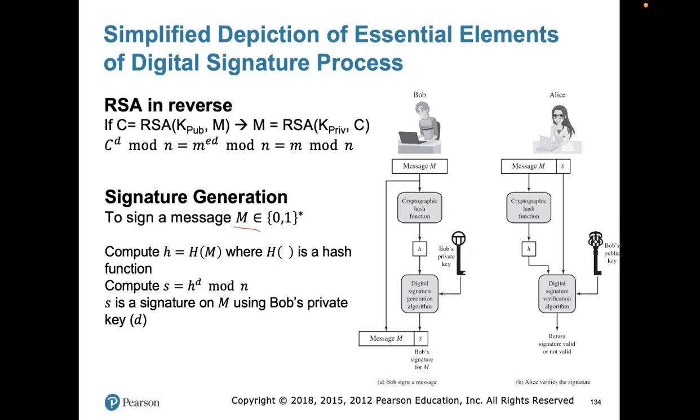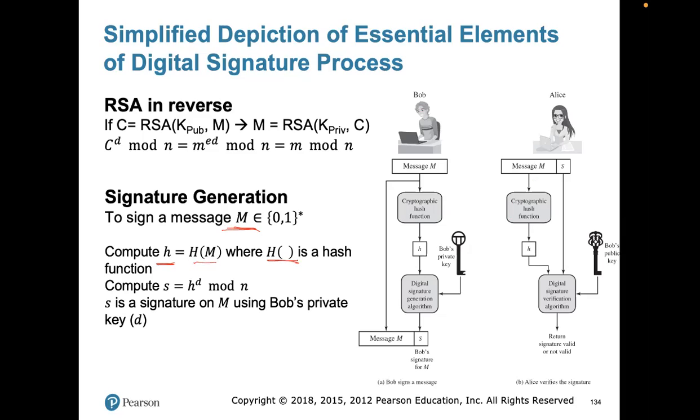Here we say, to sign a message M, we first generate the hash of that message and we call it H, where function H is a hash function, and it might be any function. Of course, it should be some unkeyed hash function. We don't want to use a keyed hash function, because that would create the need for another key.